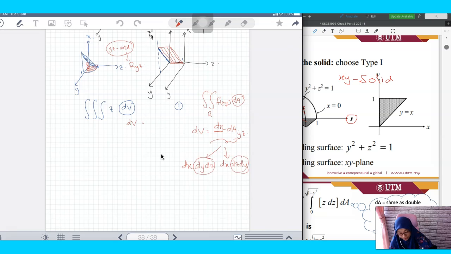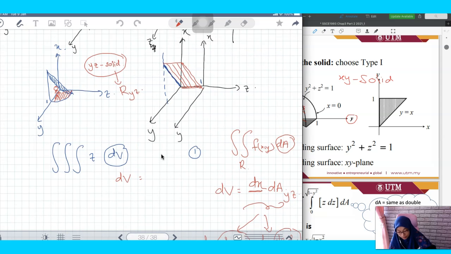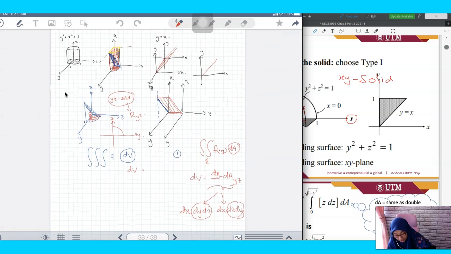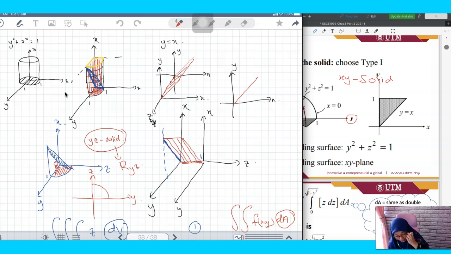So now your region is lying on the YZ plane. What is the sketching of your region on the YZ plane or ZY plane? It is part of a circle, right? A circle with radius 1, which is coming from your trace to obtain your cylinder.